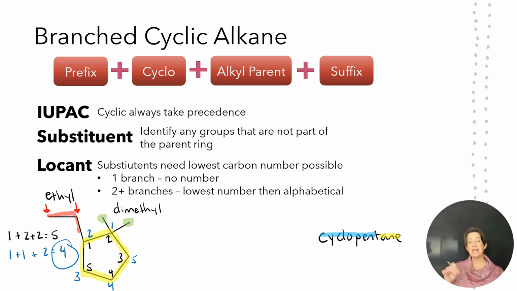Each group would need to have been equidistant, but because we have 2 on 1 carbon, we have to use the total locant value. When in doubt, just make sure you sum up your numbers and then pick the lowest one. Now E comes before M, so E is going to be on carbon 2, so this is 2-ethyl. And then our methyls are on carbon 1, so 1, 1.